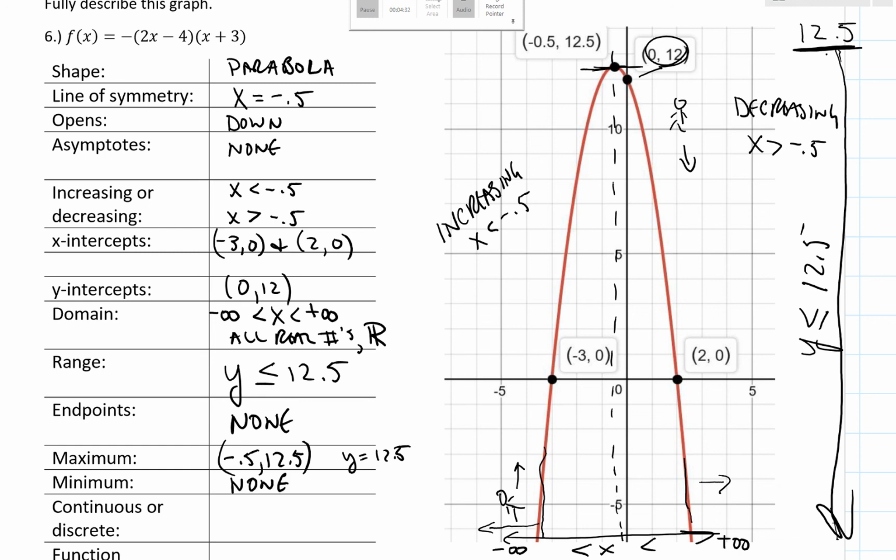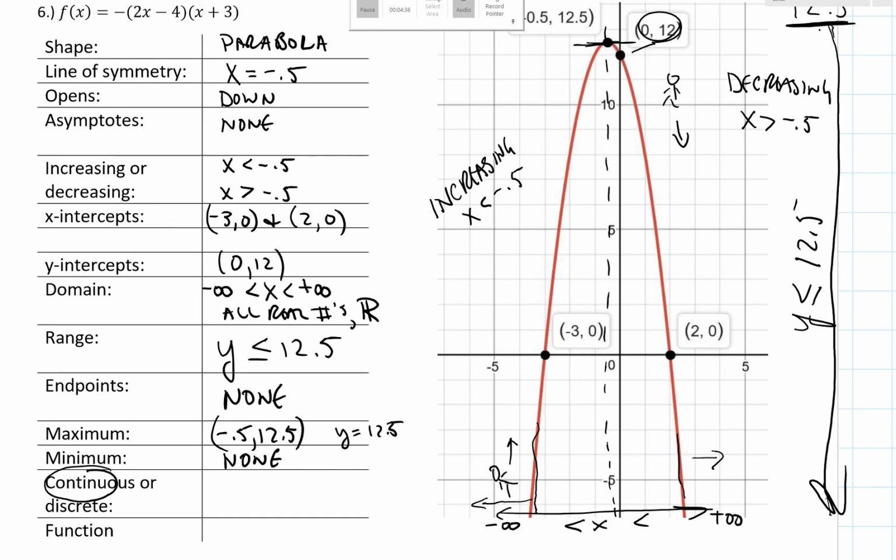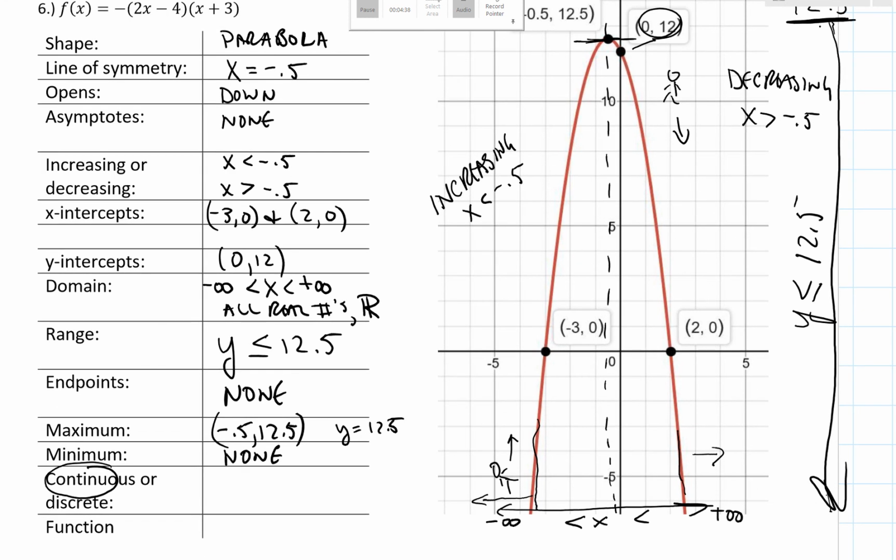It's continuous or discrete. It's continuous because it's a solid line. And then it's a function because we have one input and then one output. It's a 1 to 1. So this is yes. And if you want to write this out, this is continuous.